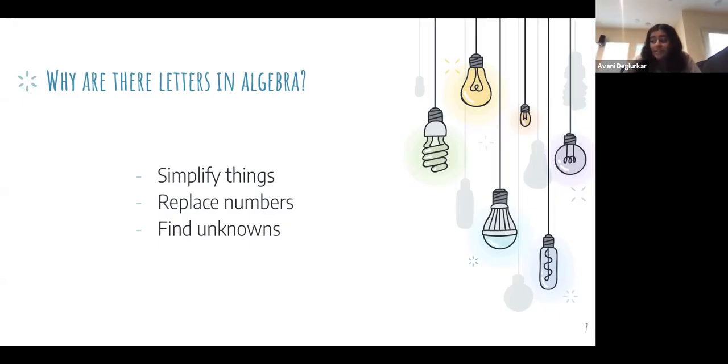So letters in math are helpful because they can simplify things. They can be used to replace numbers when a numerical expression would be too complicated. They can also be used when you know parts of the equation, like some values, but not all of them, and they can help you figure out the parts that you don't know.